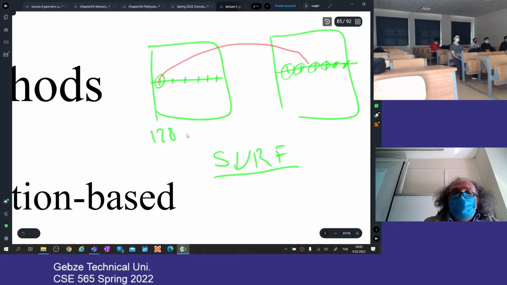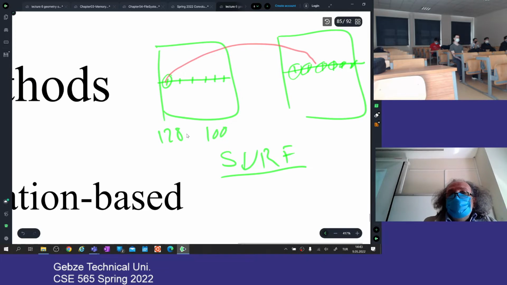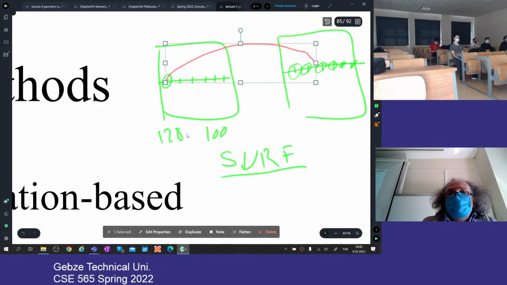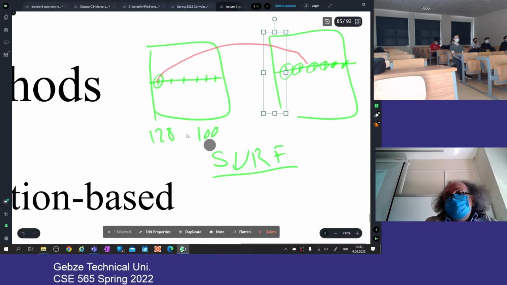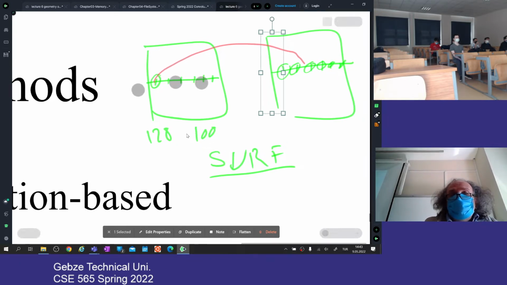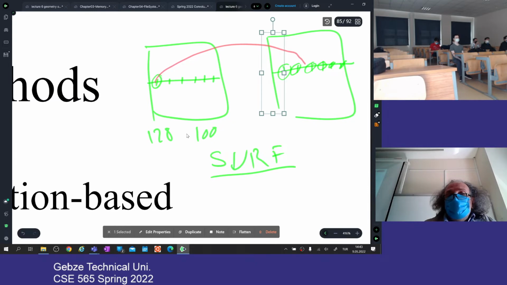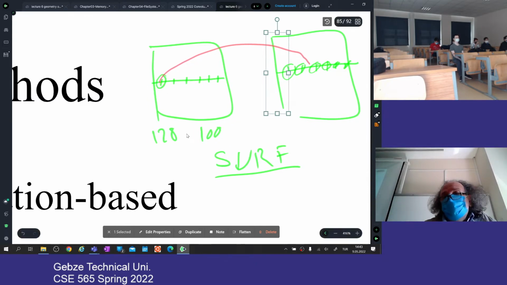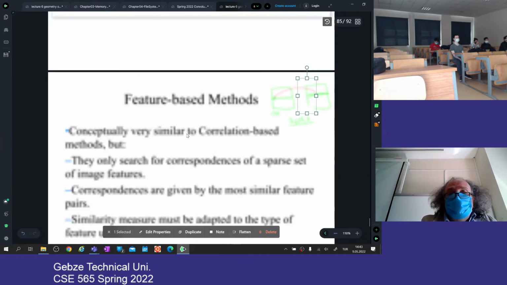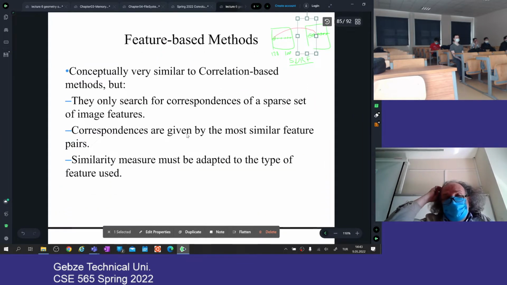Let's say I have 100 columns for this image, but for this line I have only 6 features. Instead of finding 100 correspondences for this line, I am going to find only 6 correspondences, one for each feature at most, okay? That's called the feature-based methods.